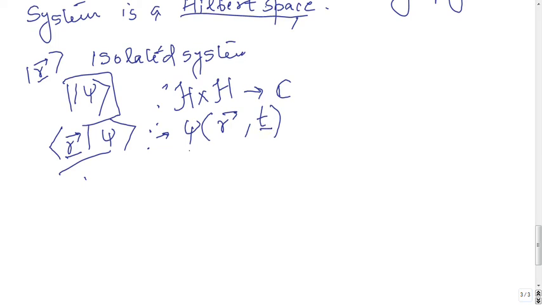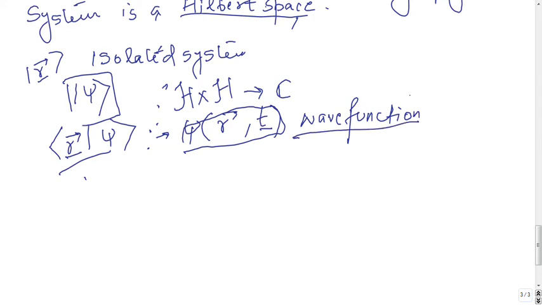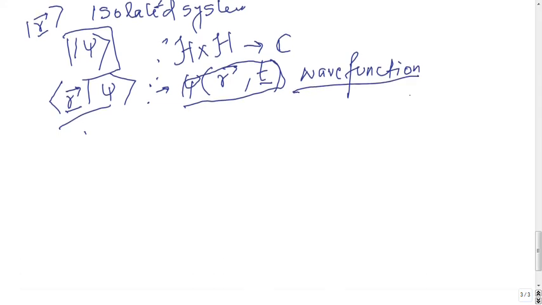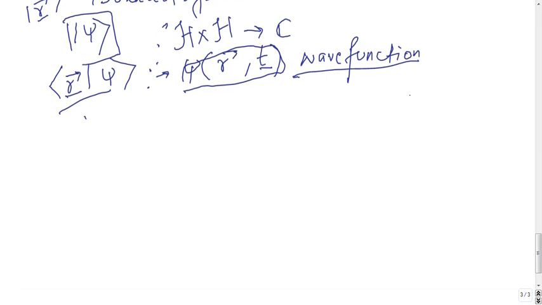This function has a special name, called the wave function of the quantum system or quantum particle in the physical 3D space where we live. And this wave function can be complex valued.